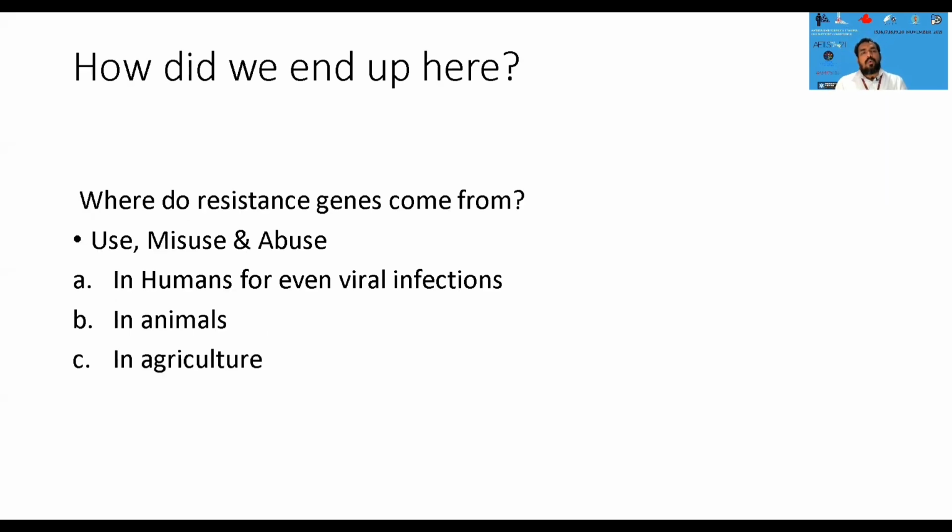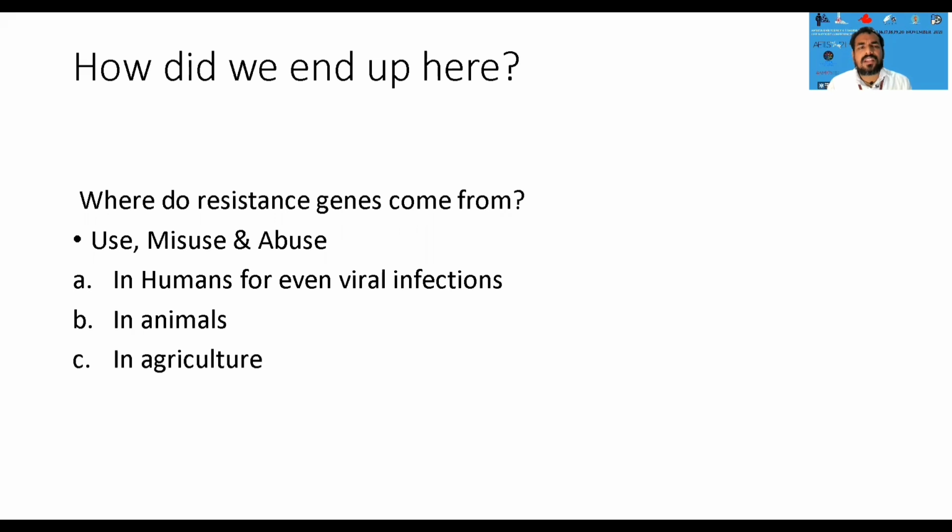Now the question is, how did we end up here? Where do resistance genes come from? There is no second thought about it. Antibiotics are here to use, but we misused and abused them, because of which right now we have these resistance genes in bacteria.